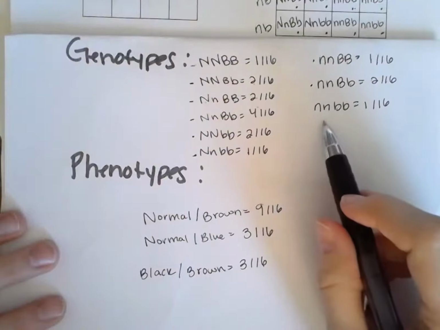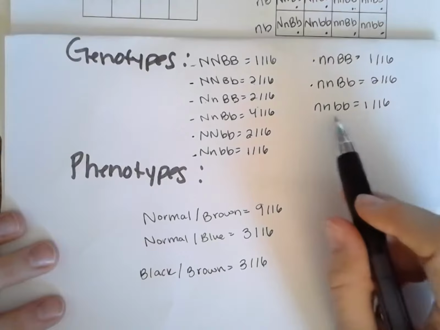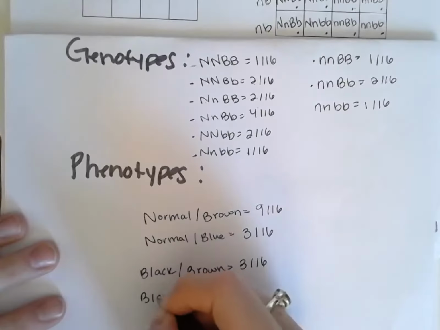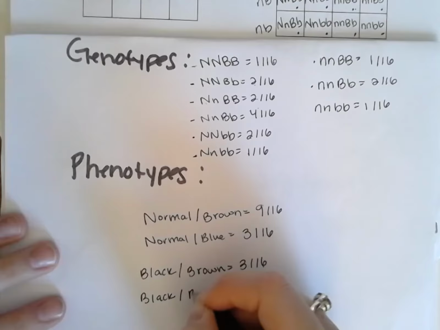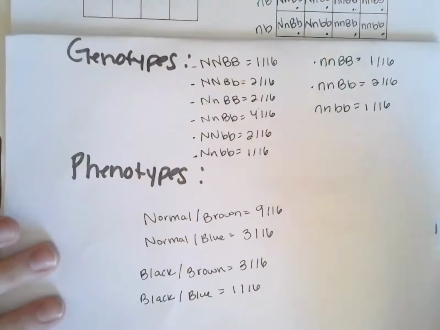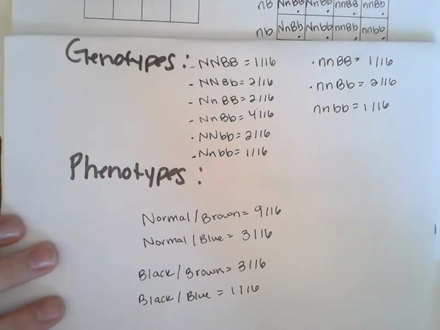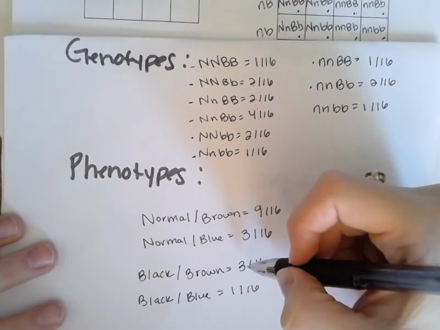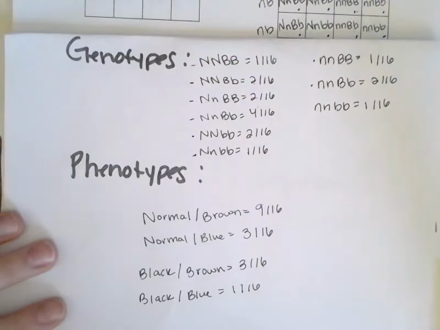And our very last one, a homozygous recessive for both traits, is going to be black coat and blue eyes. And that is just 1 out of 16. So once again, I'm going to go through and count these, make sure I got them all. 9 and 3 is 12, and 3 more is 15, plus 1 is 16.